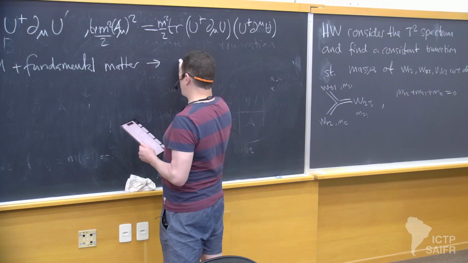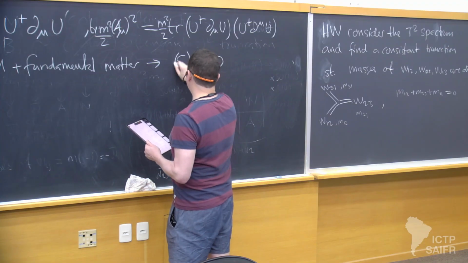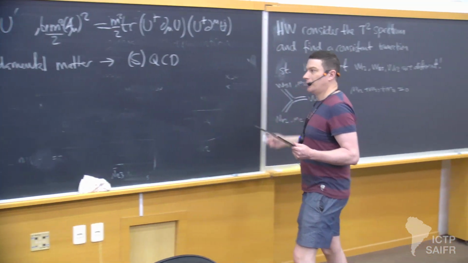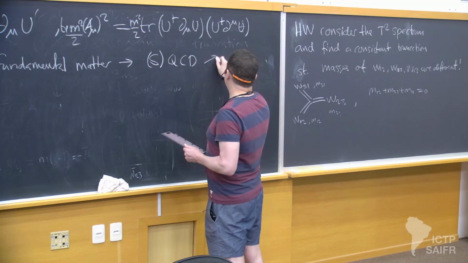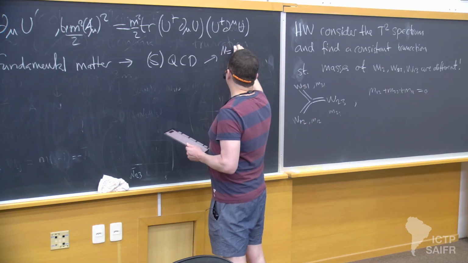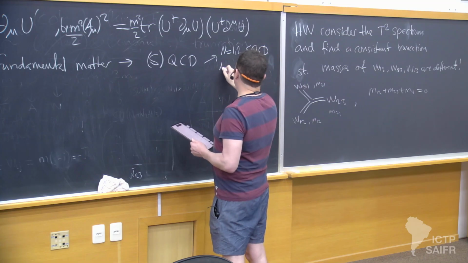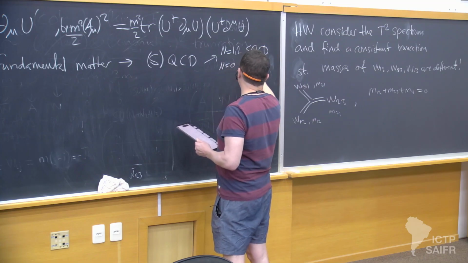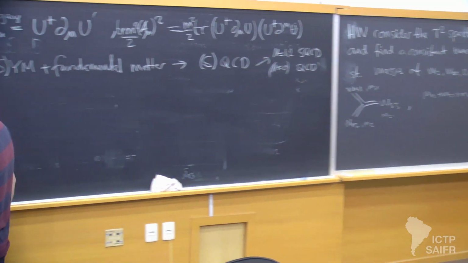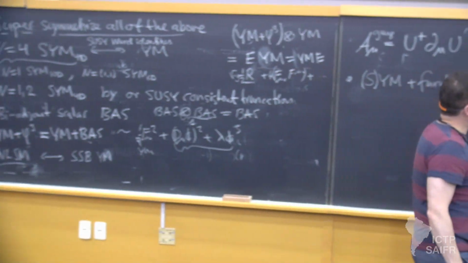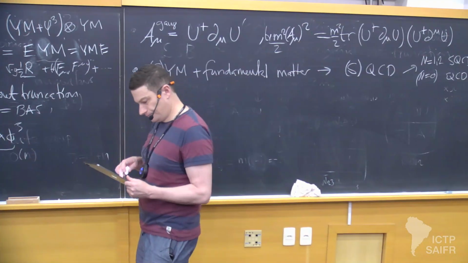But in the case that there are quarks, you're going to get SQCD. So it could be supersymmetric QCD or not supersymmetric QCD. And specifically, it can only be N equals 1 SQCD or N equals 0 QCD, which is just the usual QCD. You cannot have N equals 4 QCD if you have fundamental matter.